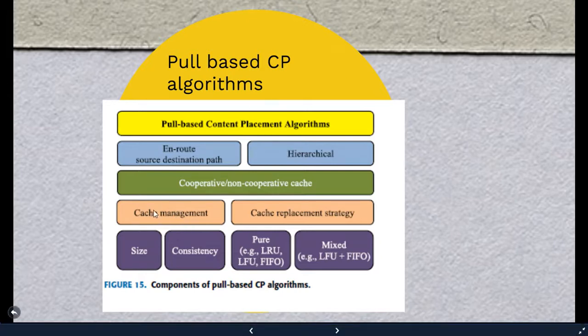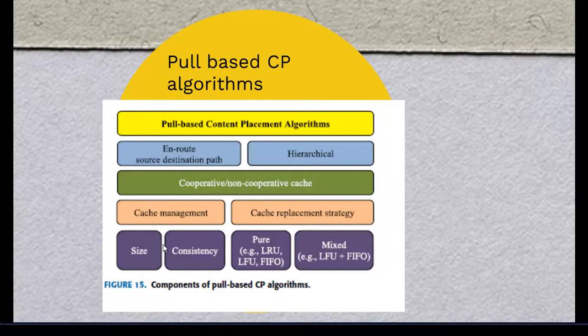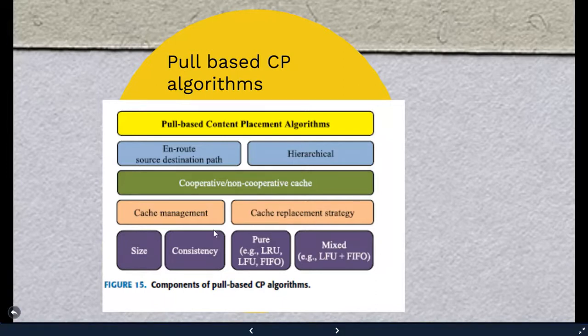The algorithms also have different cache management techniques, where the size of the cache is different, and whether the cache is consistent with the original or the neighboring servers. The algorithms can follow different cache replacement strategies. They can follow pure strategies like least recently used, least frequently used, and FIFO, or they can employ a mix of the pure replacement strategies such as LFU and FIFO.